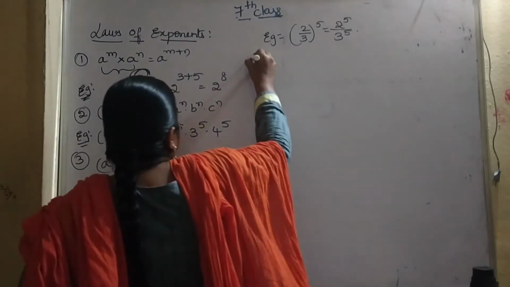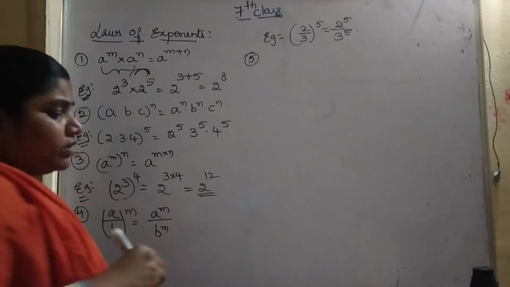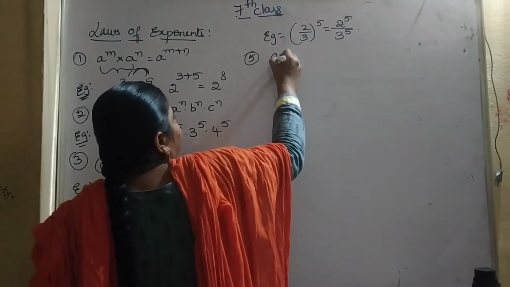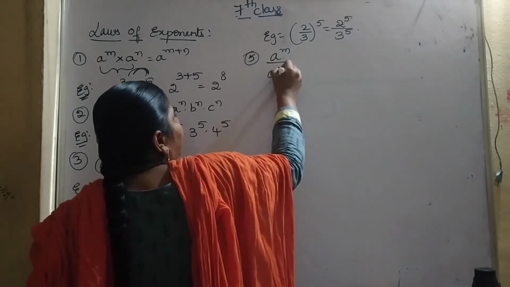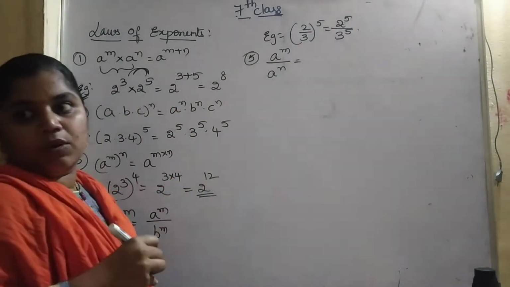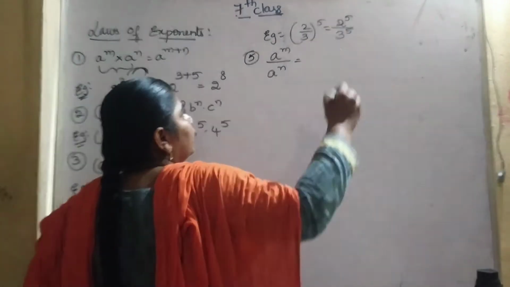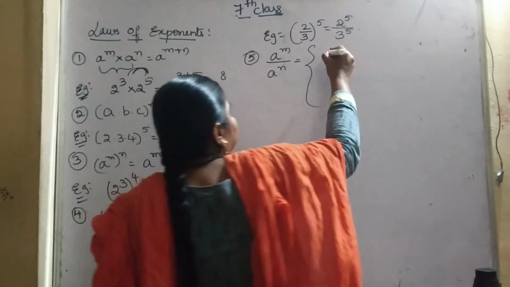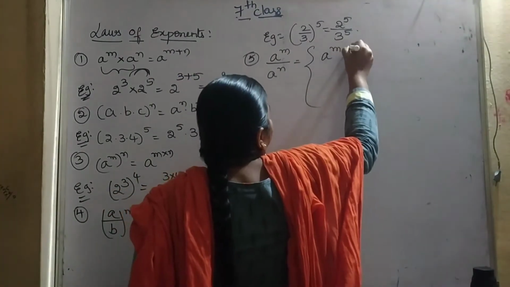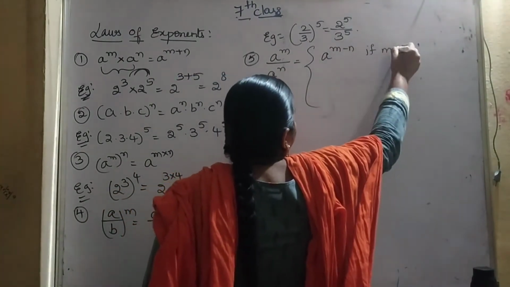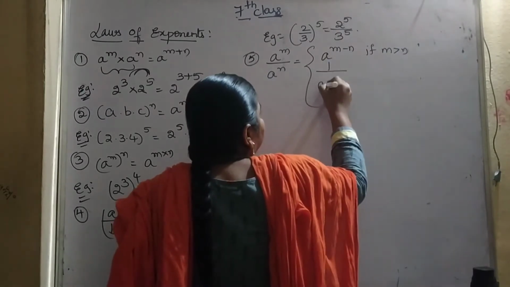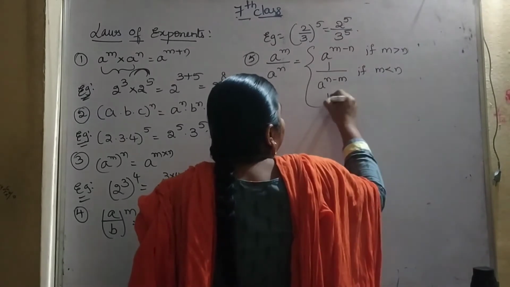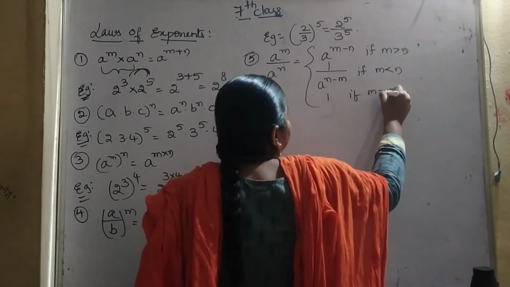Next, the fifth law. For this fifth law we have three different conditions. a power m by a power n is equal to a power m minus n if m is greater than n, 1 by a power n minus m if m is less than n, and 1 if m is equal to n.